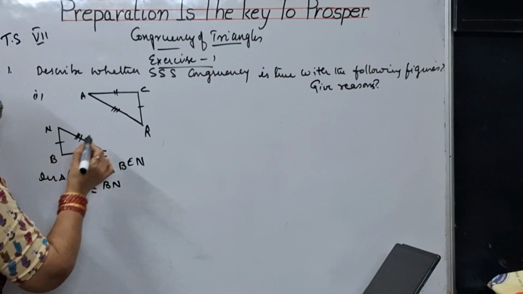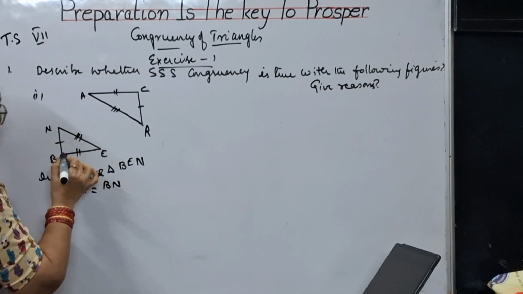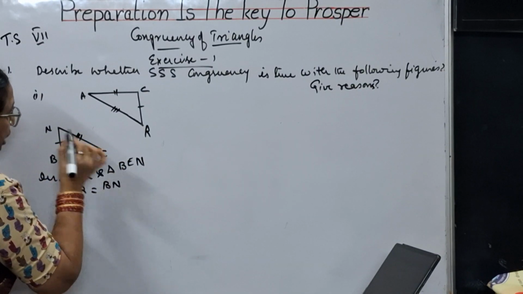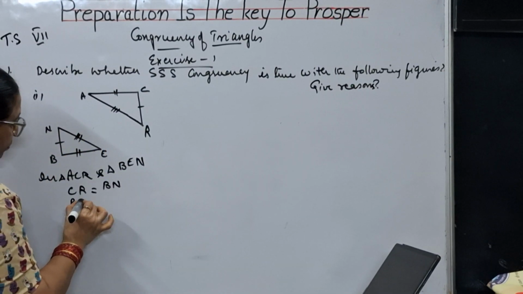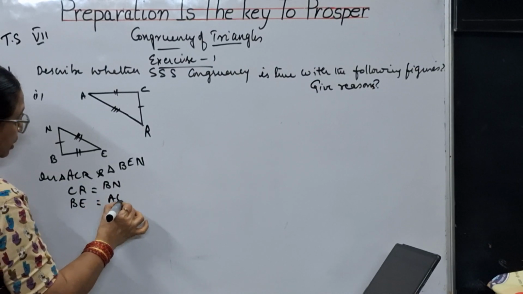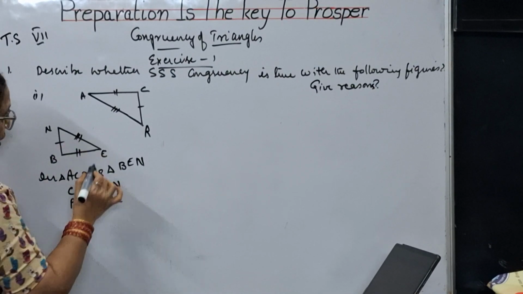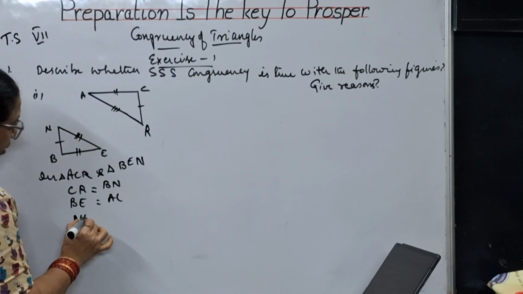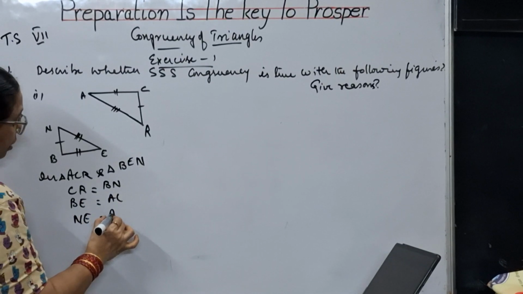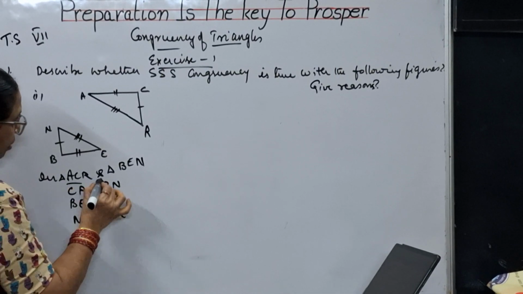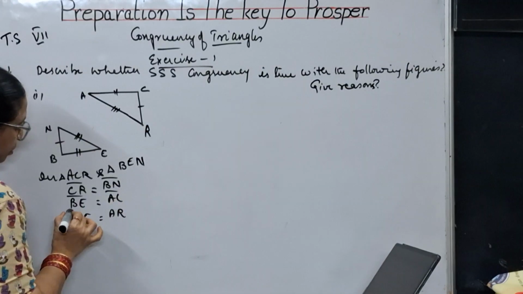So I said that CR is equal to BN and BE is equal to AC and NE is equal to AR. So measures are not given, so line segments you have to draw.